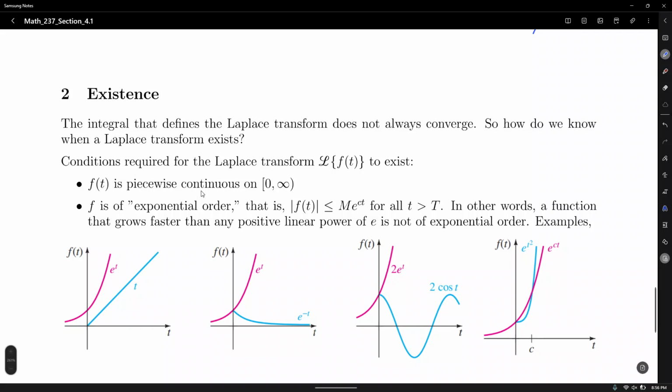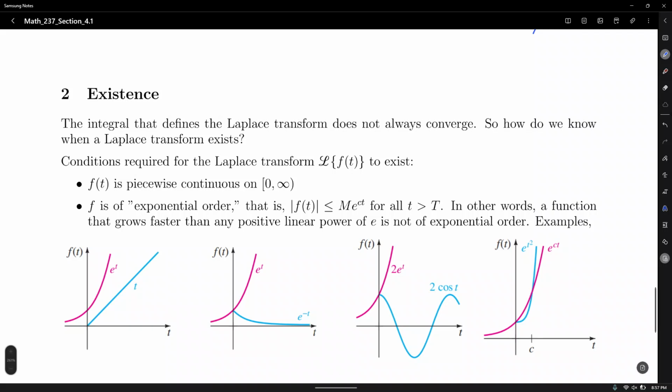So how are we going to know when the Laplace transform exists? Well, there are two conditions for the Laplace transform to exist. Number one, the function f of t is piecewise continuous on the interval 0 to infinity. We're going to talk about piecewise continuous later in the chapter when we talk about Heaviside functions and unit step functions. Number two, f is of exponential order.